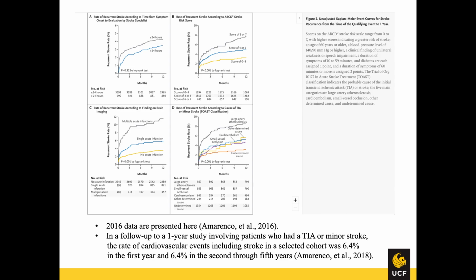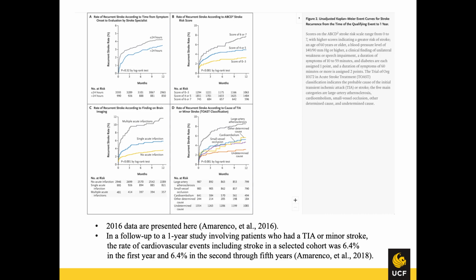Anyway, basically looking at presentation of TIA, and then 1 year later, what was the likelihood that that person would have a serious cardiovascular event, including stroke? And what we found was about 6.4% of these people within a first year after a diagnosis of TIA or minor stroke would go on to have a major cardiovascular event.